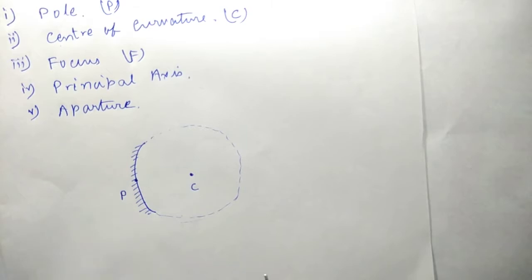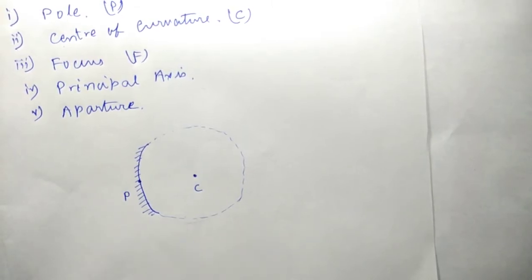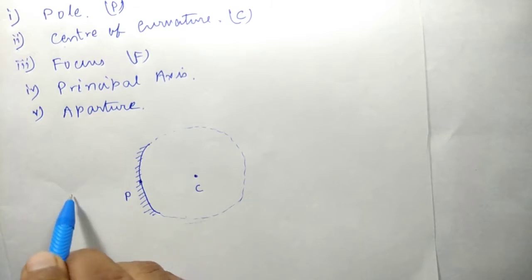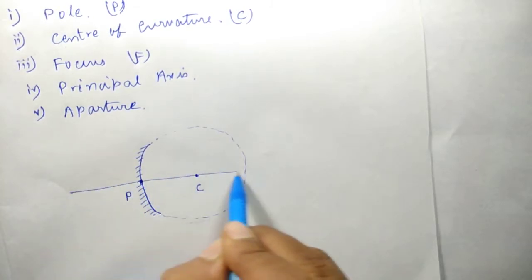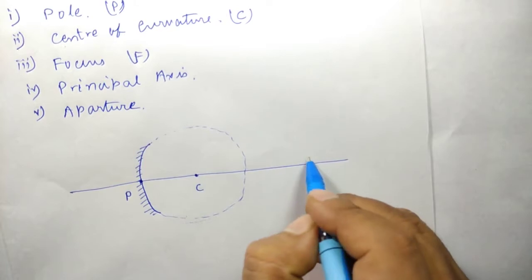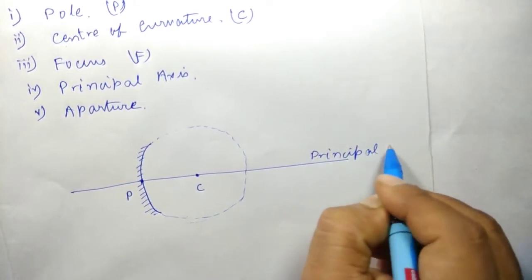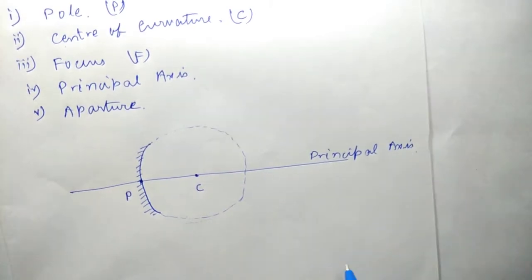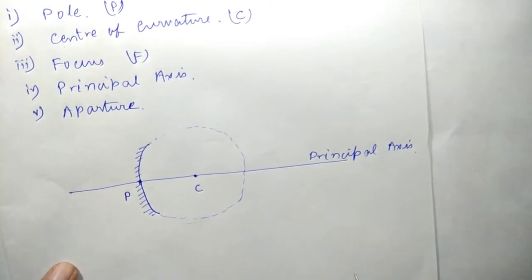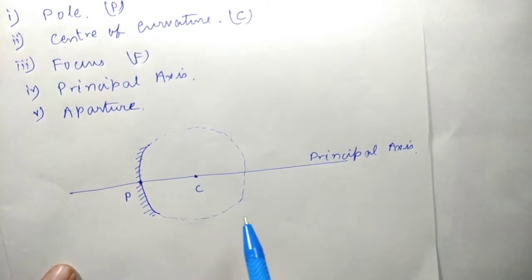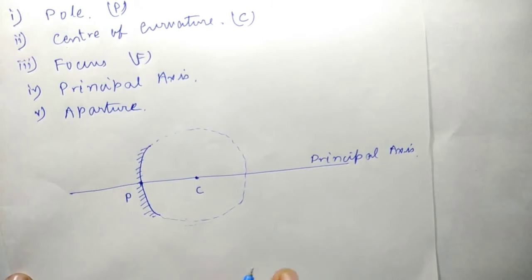Now, if we join P and C by a straight line, then this straight line is called the principal axis, which goes through the pole P and the center of curvature C.